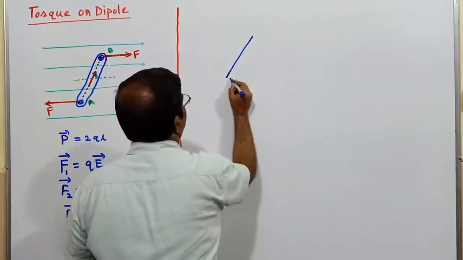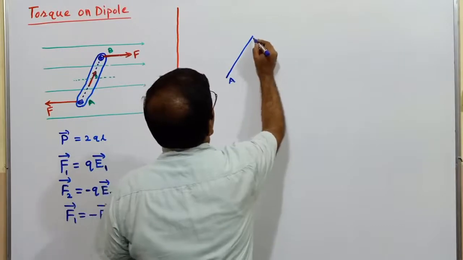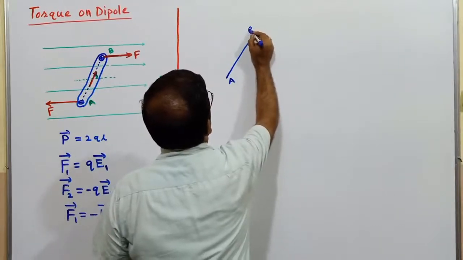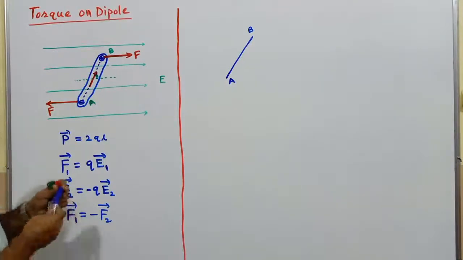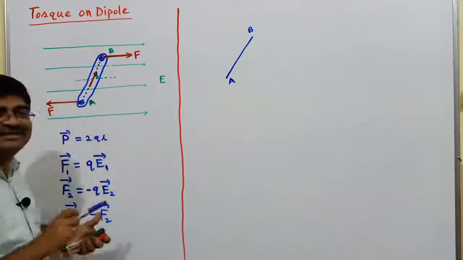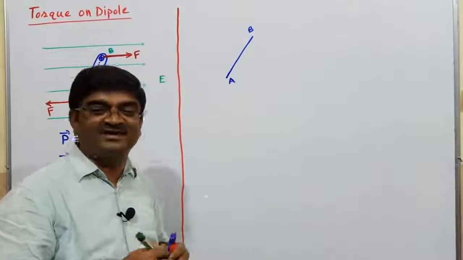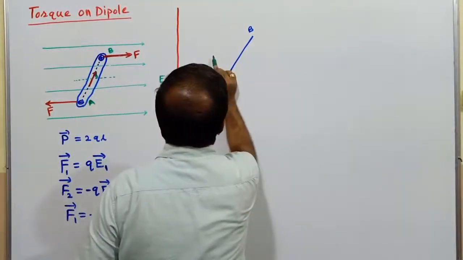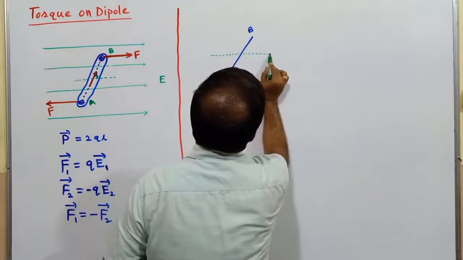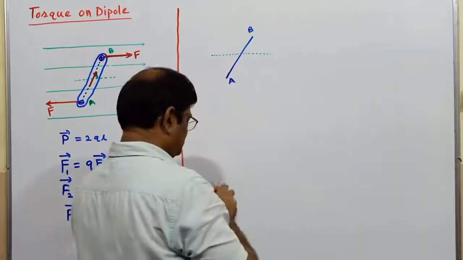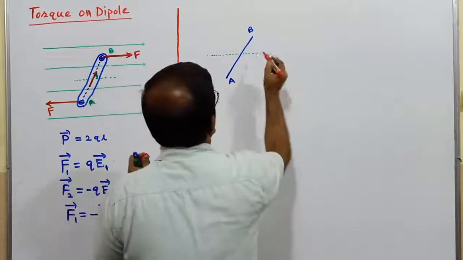This is my A and this is B. Then I have this line also, I mean the electric field. That I will show. This dotted line I am trying to represent the electric field.